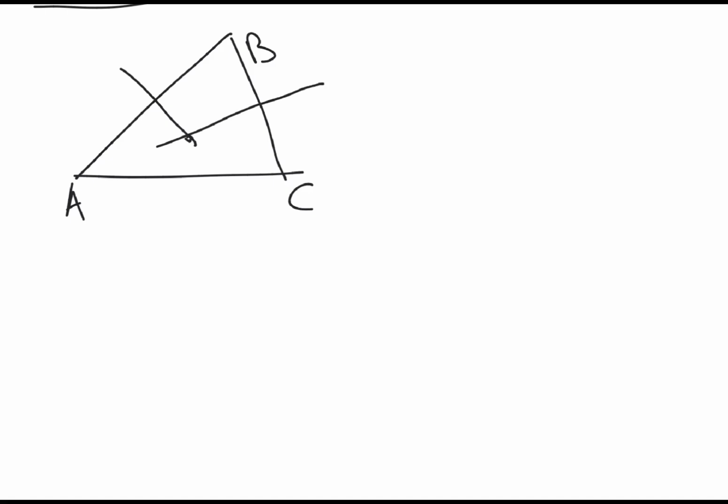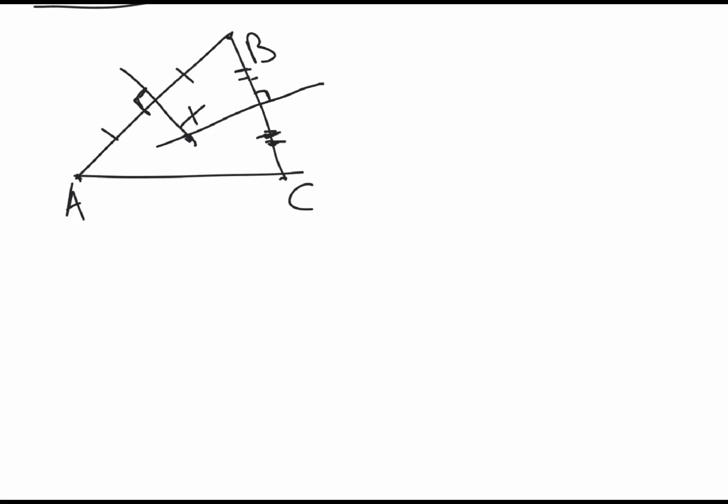So we have a triangle ABC, and for now we consider only two perpendicular bisectors, from the side AB and from the side BC, and we denote this intersection point by X. So we don't yet know if this X belongs to the third perpendicular bisector, but we need to prove it.